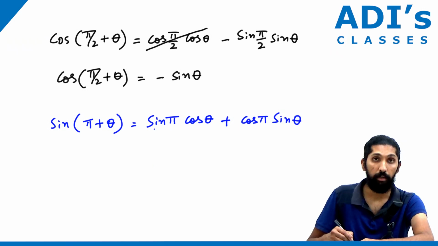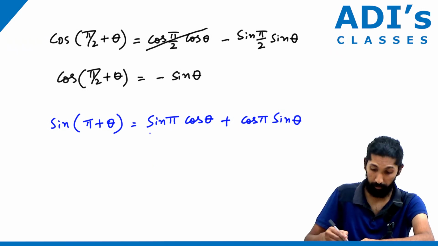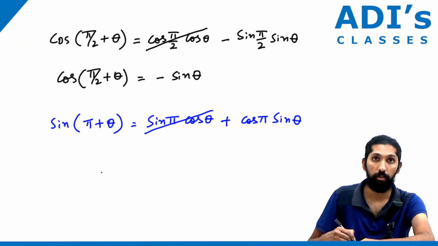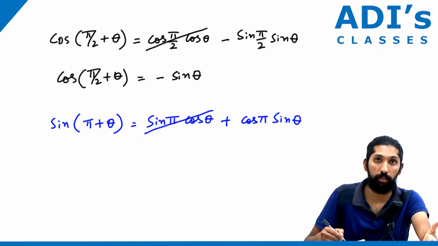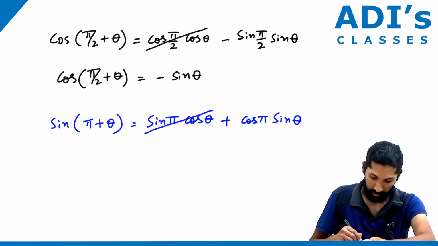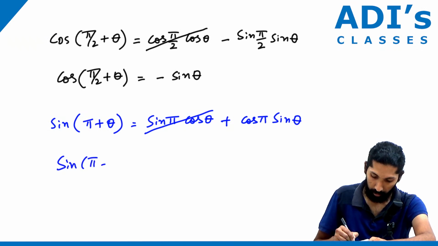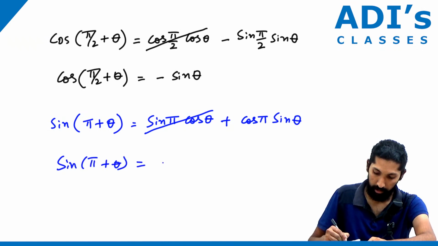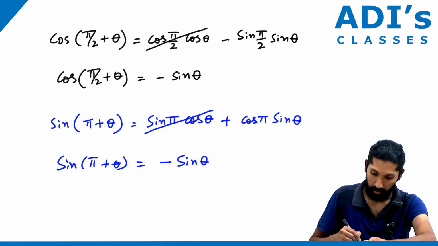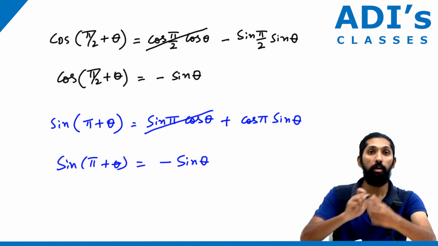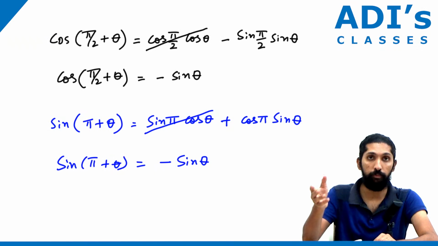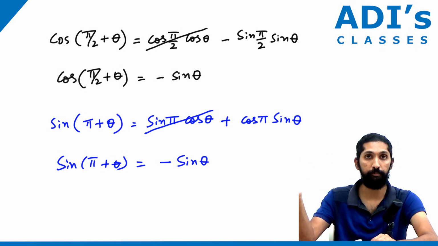What is sine pi? Sine pi is 0. That means this entire term is 0. Cos pi is what? Minus 1. So you get sine of pi plus theta is going to be minus sine theta. See? Same value. So all the allied angle values we can calculate with the help of this one.